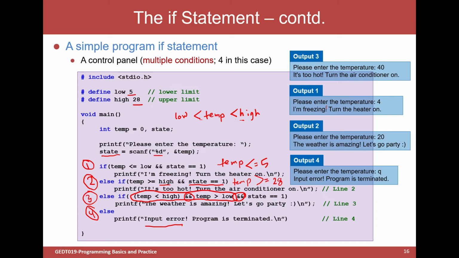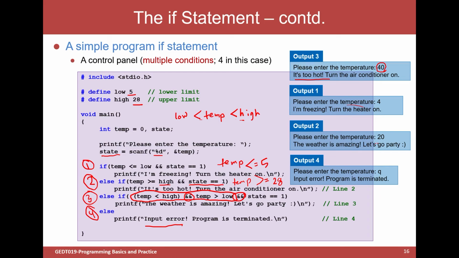So we will test this software in the 4 situations. First we will try to put a temperature more than 28. In this case, it will tell you it's too hot, turn on the air conditioner. If you insert a number less than 5, it will tell you I'm freezing, turn the heater on.